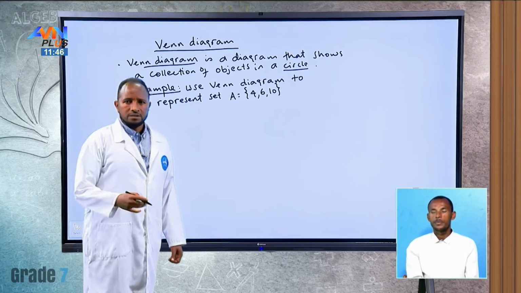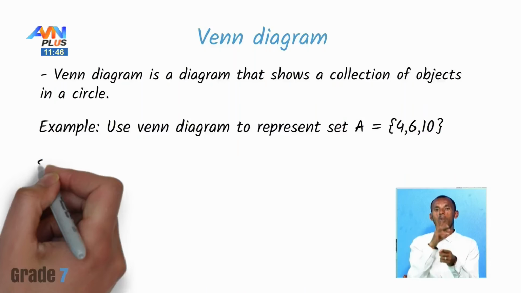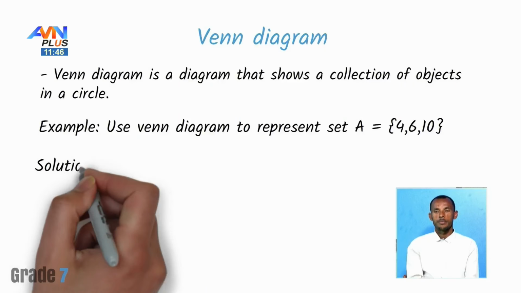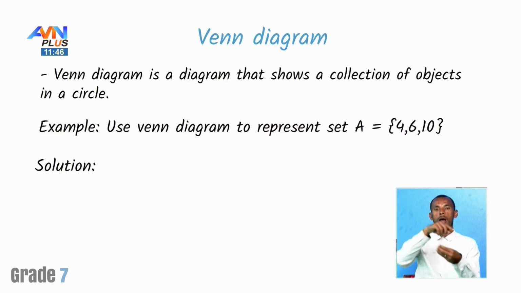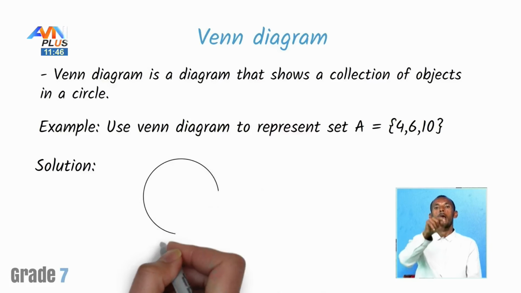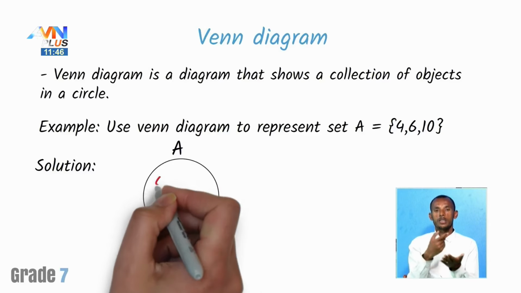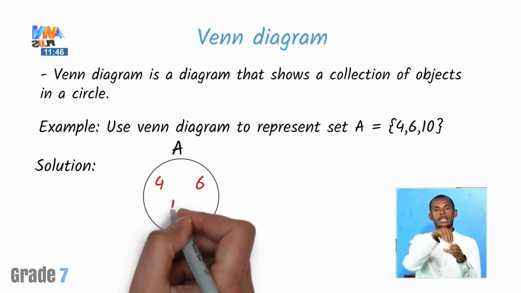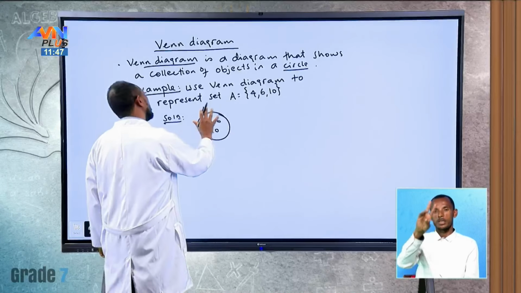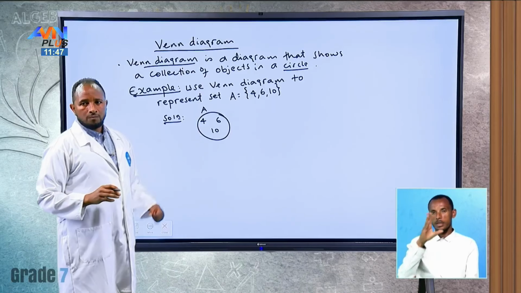Let's see the solution together. A Venn diagram is a circle that represents a collection of objects in it. So set A contains these elements, and you put these elements inside the circle: 4, 6, and 10. So set A in a Venn diagram is represented in this form.